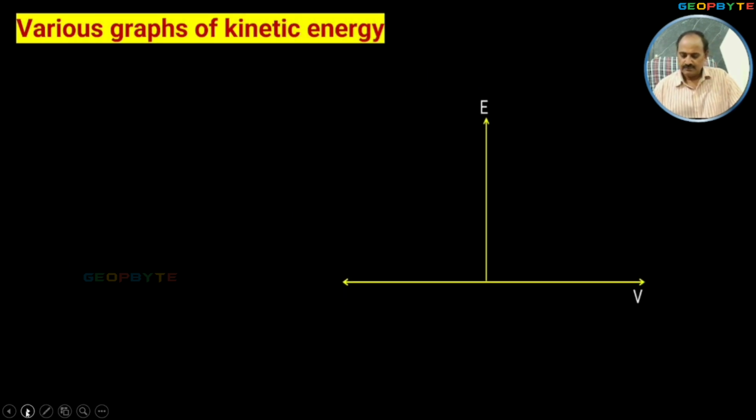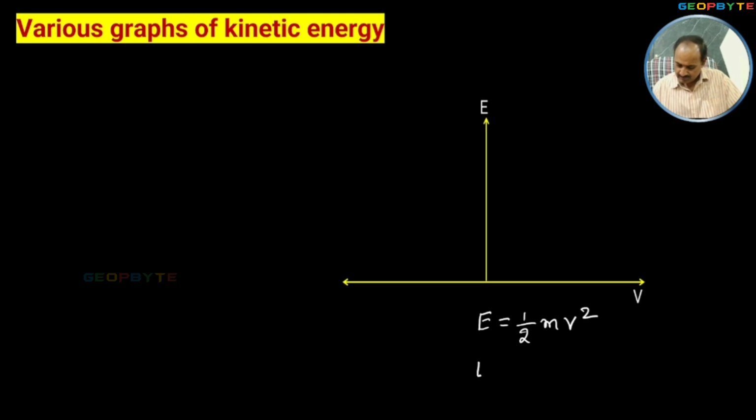Look at the very first graph, the kinetic energy versus velocity. As you know, the kinetic energy E equal to half mv square.